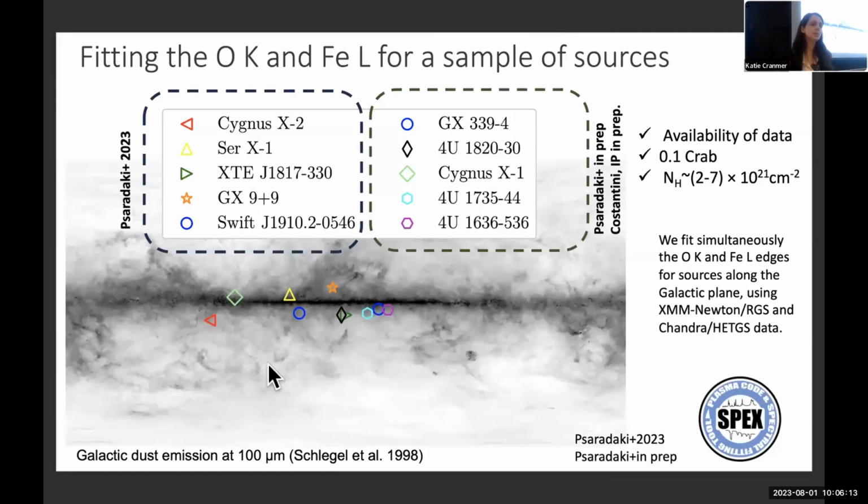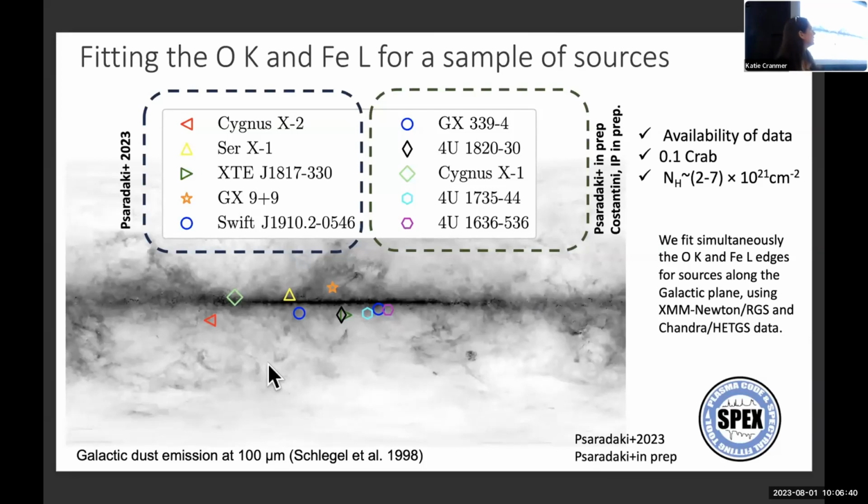We chose low mass X-ray binaries because we don't have complicated emission lines, for example, that could hamper the identification of XAFS features. And in order to study the oxygen and iron L edges, we needed sources with column density about 2 to 7 times 10^21 to have enough optical depth there.